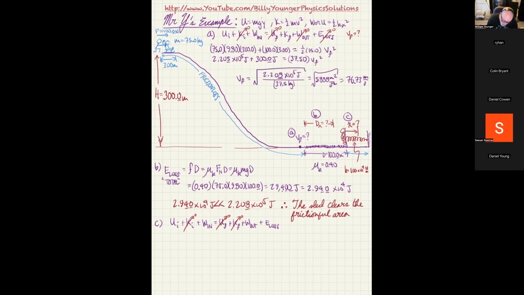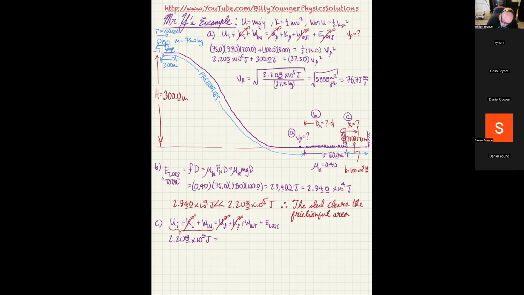The left hand side is going to be the 2.208 times 10 to the fifth joules. That's the U initial plus work in right there. Now we also know the E loss, and what we have to do is figure out the work out.